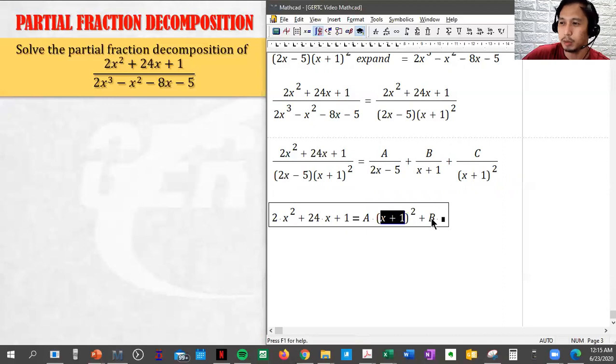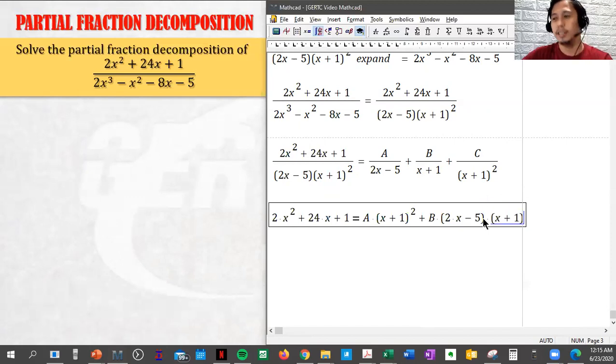Makancel yung isang x plus 1. So that is 2x minus 5, okay, meron pang 2x minus 5, then times 1x plus 1, isang x plus 1, no? And for c, makancel yung x plus 1 squared, no? Material is 2x minus 5.